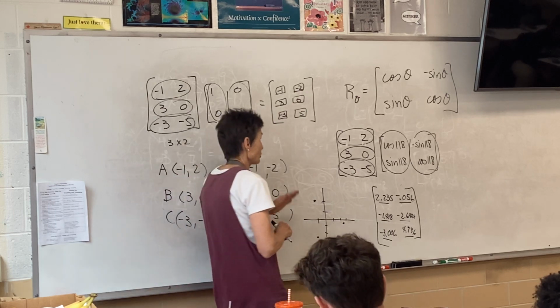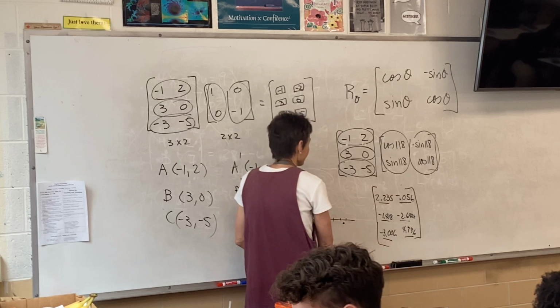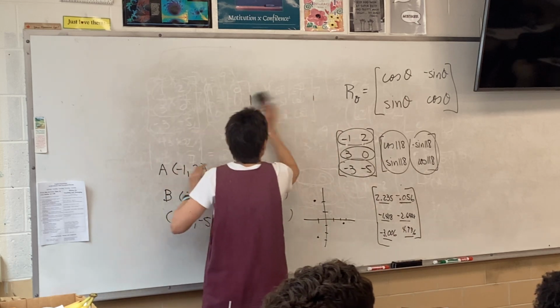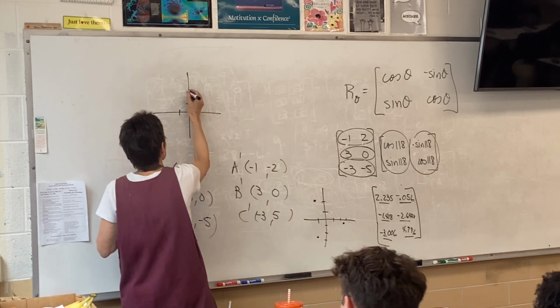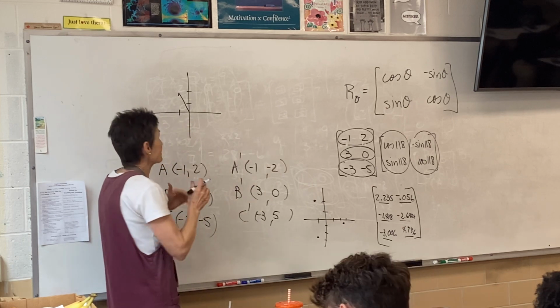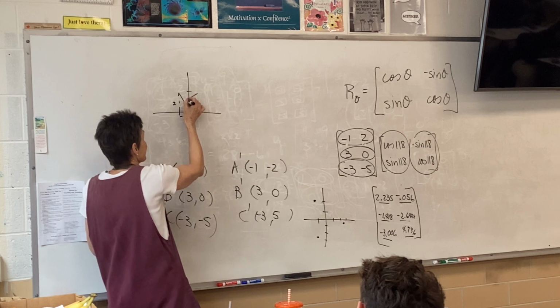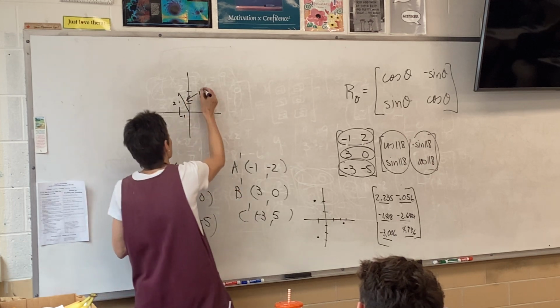So, let's look at just the original point, -1, 2. And that point, I'm going to think of it as a vector. The point -1, 2 would look like that. Now, if this is the vector -1, 2, what is its magnitude? Root 5.